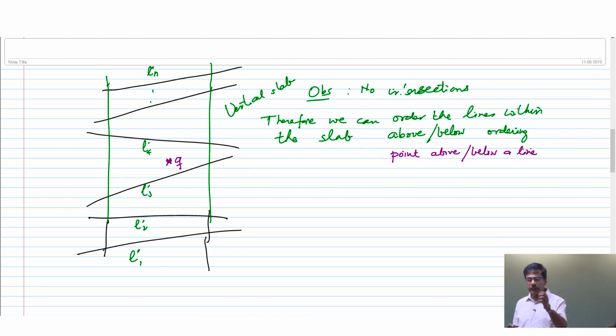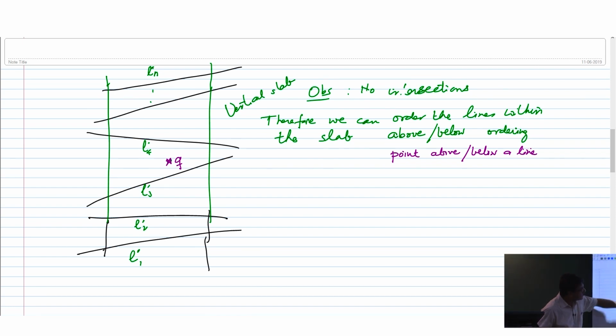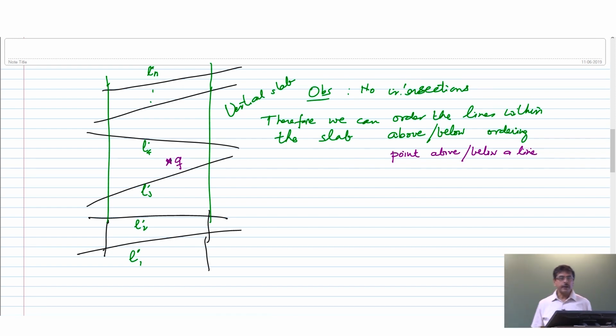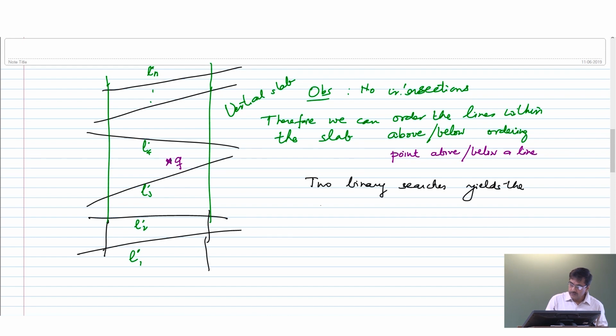Therefore, I can easily find that within the slab Q lies between L prime 3 and L prime 4. So, I can answer the query that we started with using two binary searches. Two binary searches yield the required result.